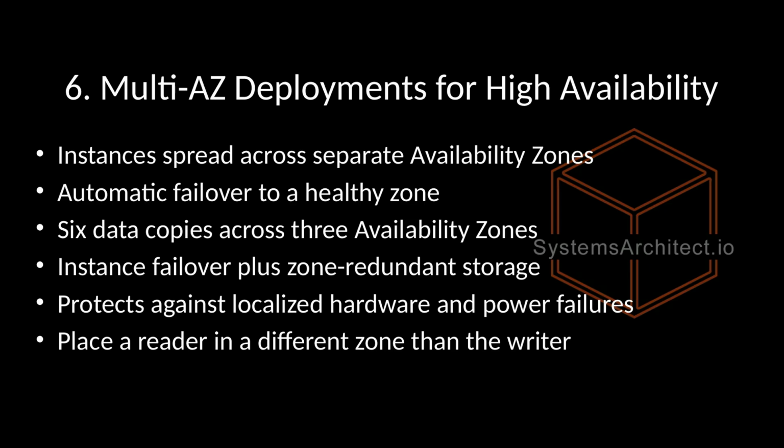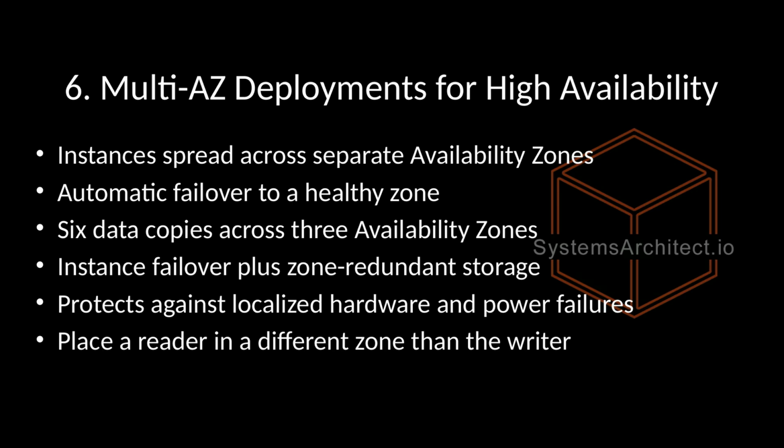6. Multi-AZ deployments for high availability. Deploying an Aurora cluster across multiple availability zones spreads instances over separate data centers, so a zone failure triggers automatic failover to a healthy instance, while the storage layer replicates 6 copies of your data across 3 zones so nothing is lost.